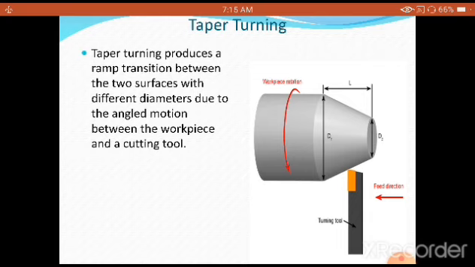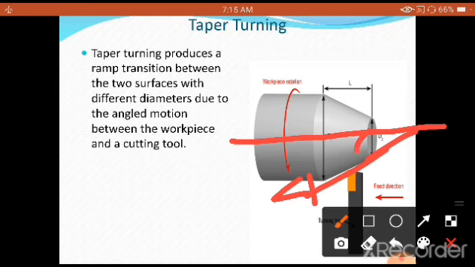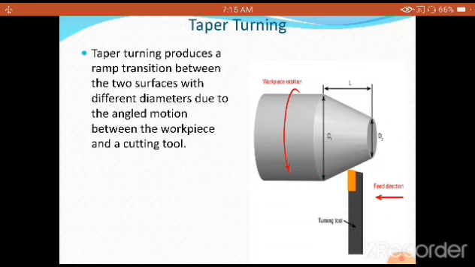Now you are going to see very clearly, very interestingly, the cutting tool has to move in this way. Try to understand that. It has to go at a certain angle; if this is the axis, it has to move at a certain angle. The feed rate is shown like this, but the actual movement will be like this only, and the workpiece is rotated, and to the required length the tapering operation can be carried out.